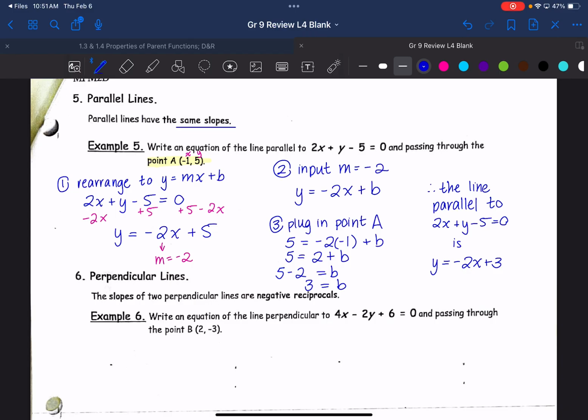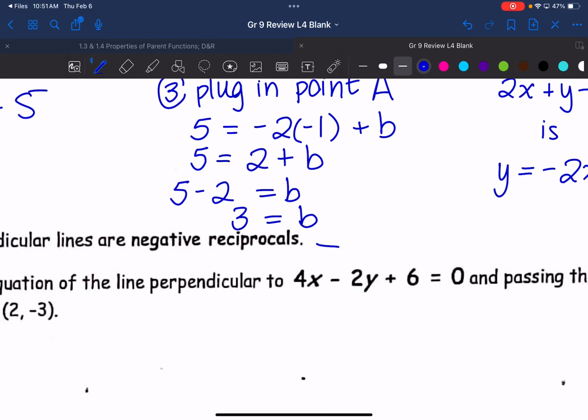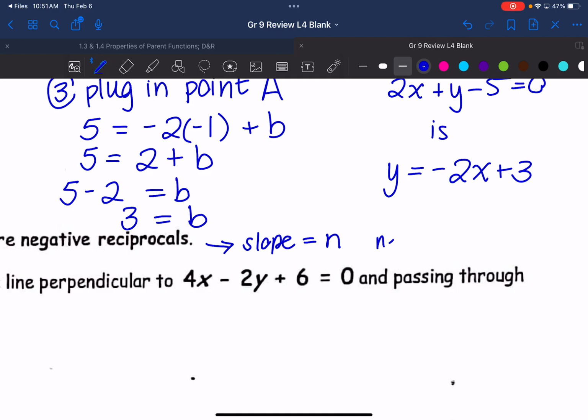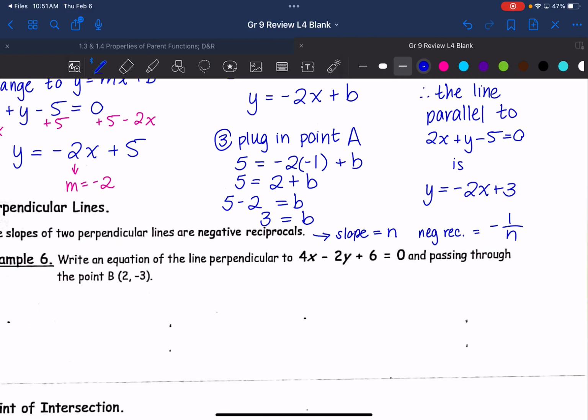So a negative reciprocal means whatever your slope is, let's say n, then your negative reciprocal slope is going to be -1/n, where n is just a number. So you change the sign and make it a fraction. You flip it. Right? We're going to practice this.